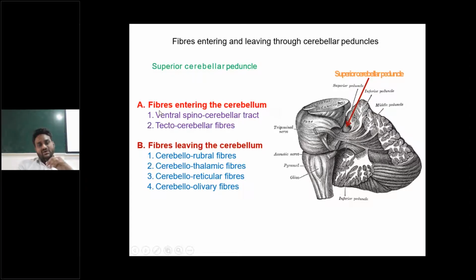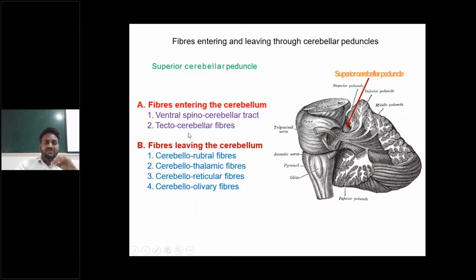Fibers that enter the cerebellum are the input fibers of the SCP: the ventral spinocerebellar tract and the tectocerebellar tract. Output fibers of the cerebellum through the SCP are cerebello-rubral, cerebellothalamic, cerebelloreticular, and cerebello-olivary.